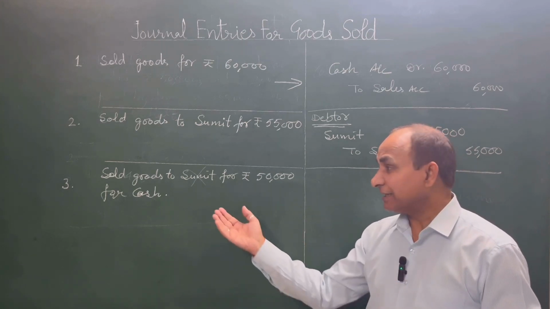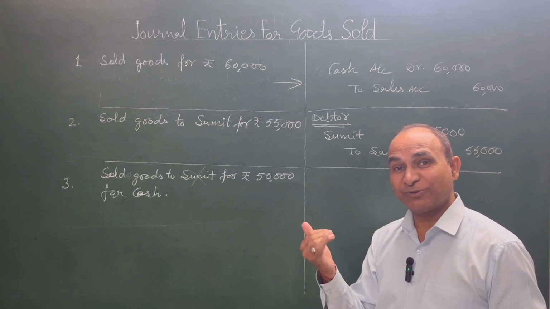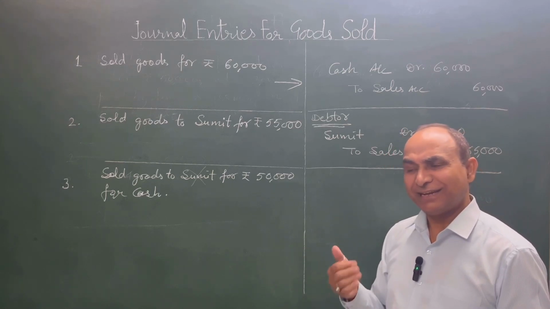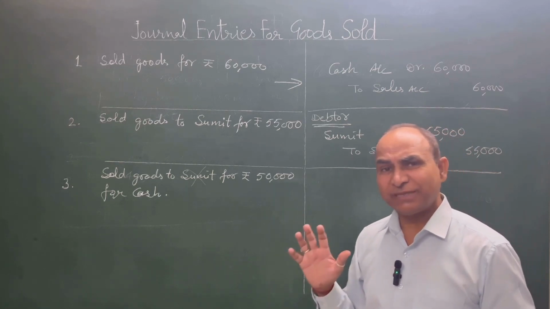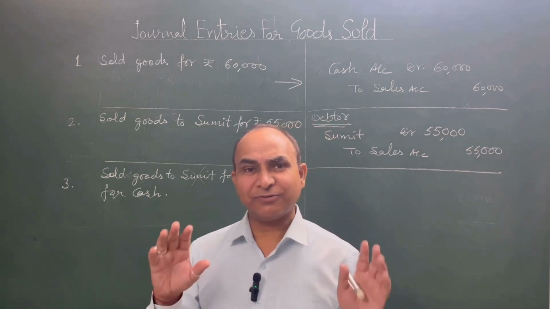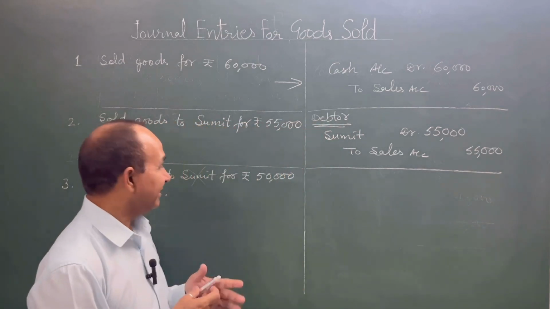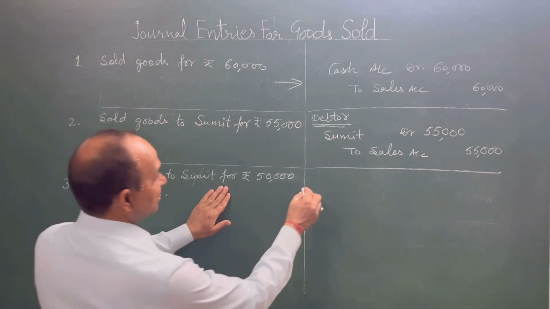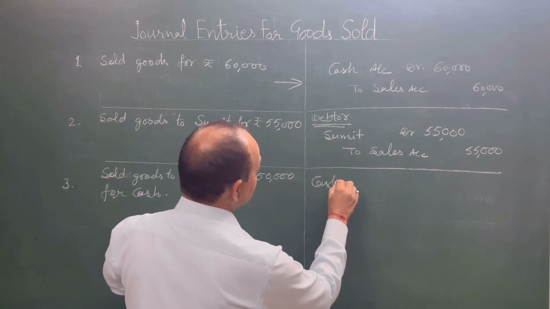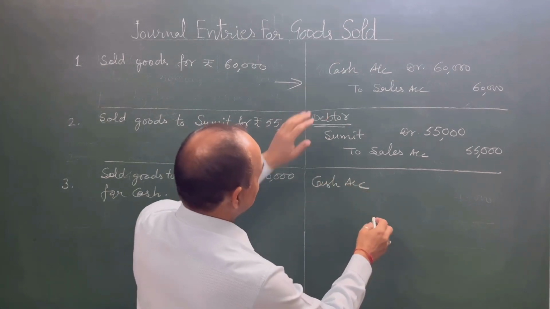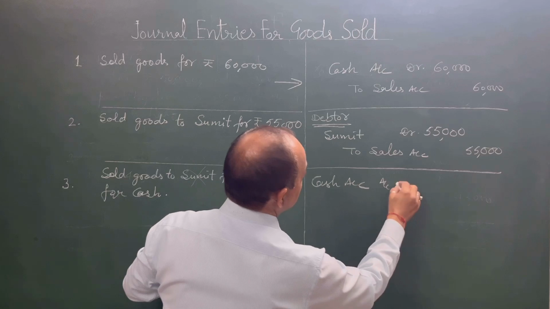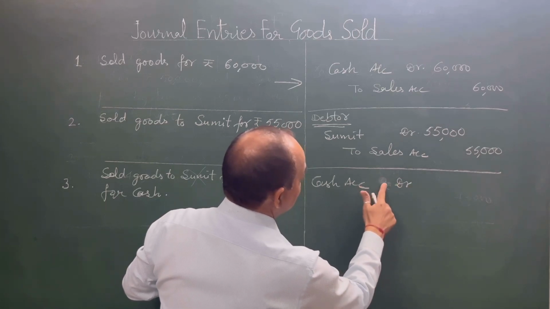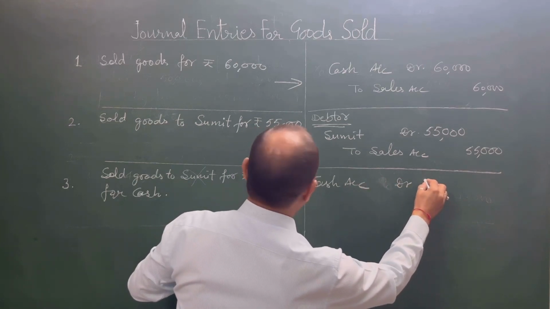What matters is cash is coming in. We sold goods, cash is coming in, and sales account will be credited. So goods are going out, that's why sales is credited. So the journal entry in this case, cash is coming in, cash account debit. It will be just like the first one, cash account debit, that is 50,000.